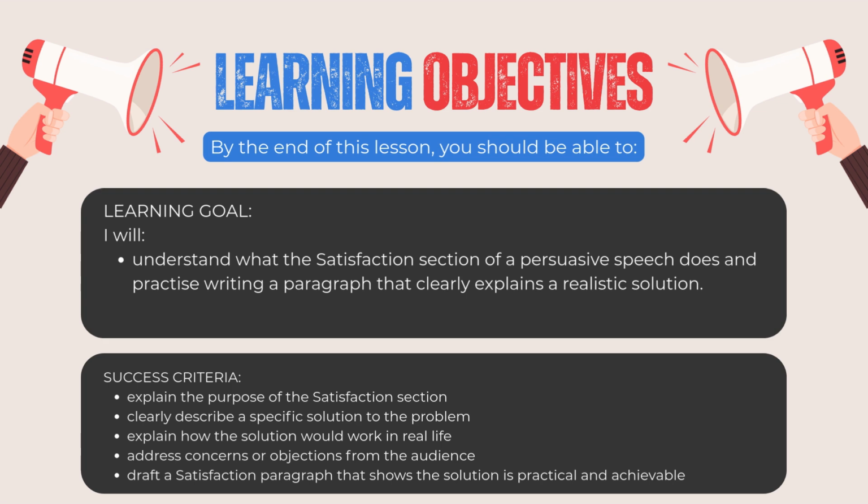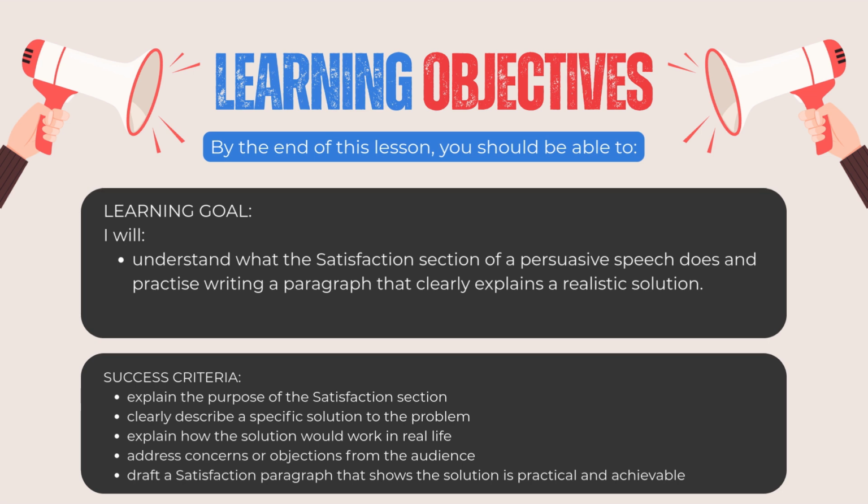Before we get started, let's have a look at our learning goal and our success criteria for this particular lesson. In this lesson, you will be understanding what the satisfaction section of a persuasive speech does, and you're going to practice writing a paragraph that clearly explains a realistic solution. Your success criteria. You need to be able to explain what the purpose of that satisfaction section is.